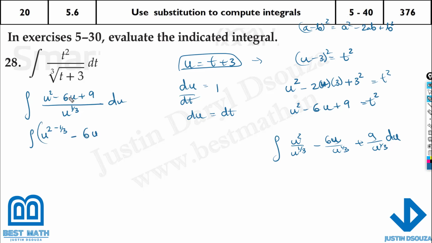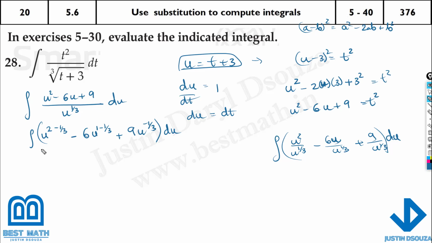Minus 6u, what is the power here? If it's nothing, it's 1 minus 1/3, plus 9u raised to minus 1/3. We have split this to all the three terms and then we can write this. You can skip this step. If you want, you can write it. It's up to you. Entire thing times du. We have to put a bracket because it's more than 1. It should be properly written.